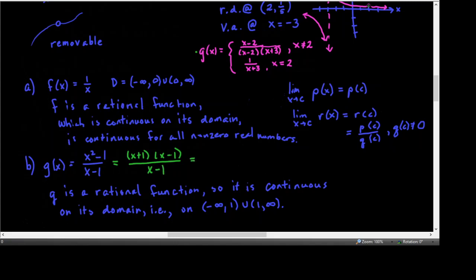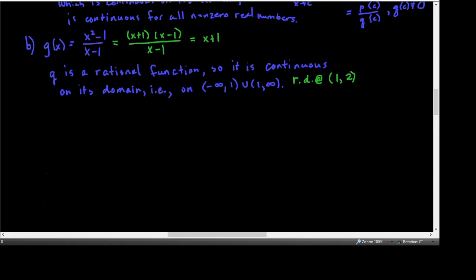Because x minus 1 can be removed from the problem by canceling, we would be able to say that there's a removable discontinuity at that value 1, and the y value of that, we'd not be able to get it from the original, but from the reduced form, 1 plus 1, 2, so (1, 2) is the point where the removable discontinuity is. Okay, C.